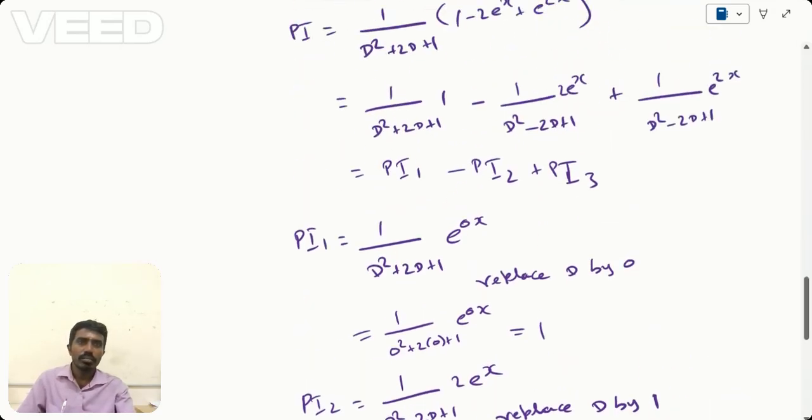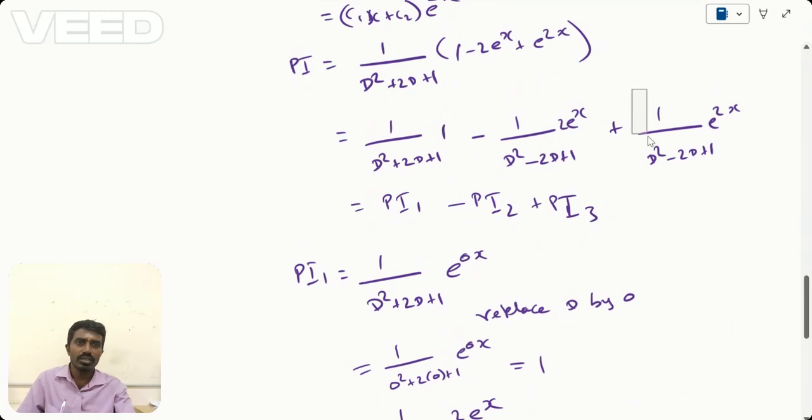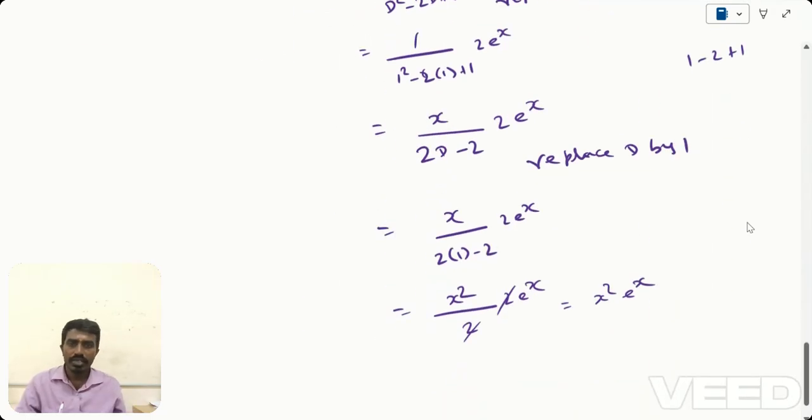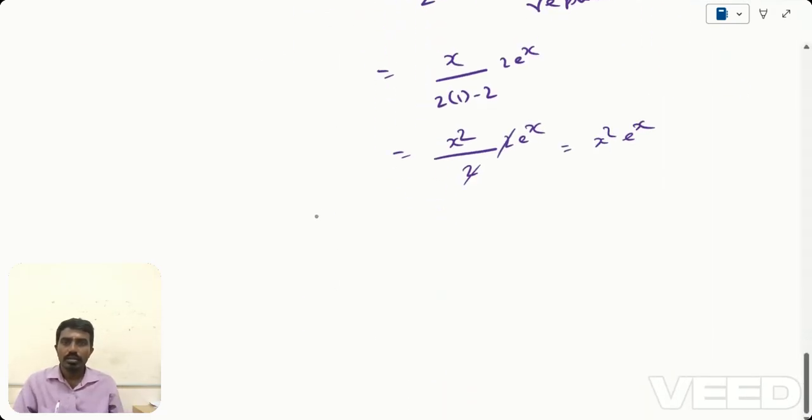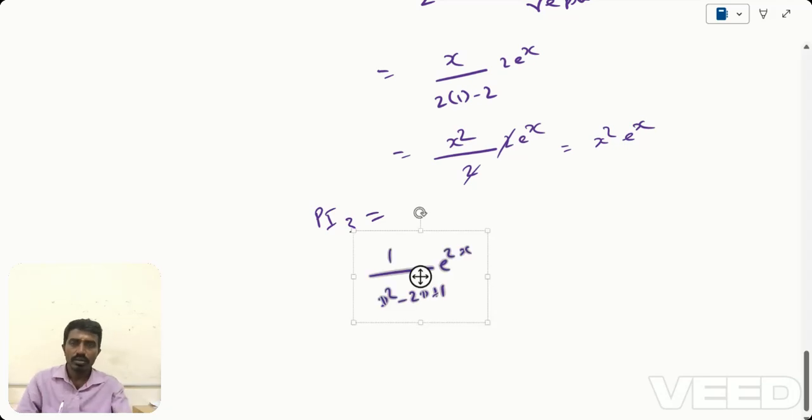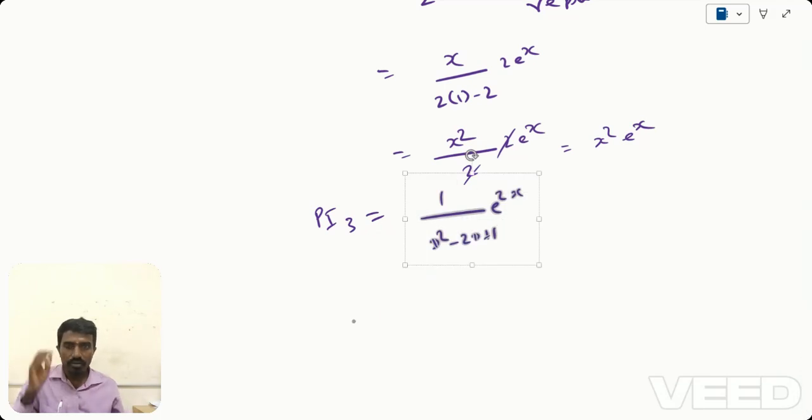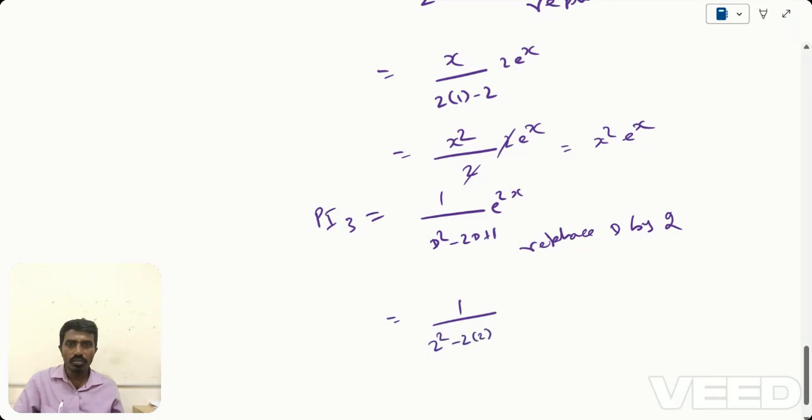Now find PI3. So PI3 is this one. Now replace D by 2. Then what do we get? 1 by (2 square minus 2 into 2 plus 1) e power 2x.